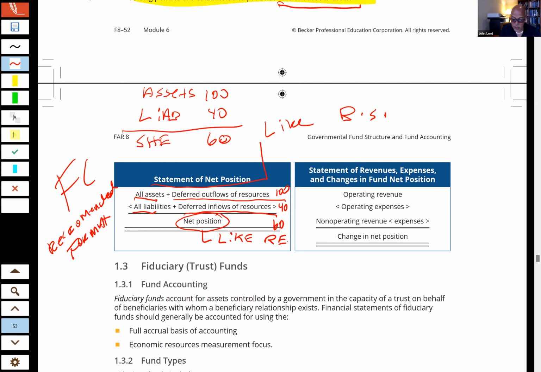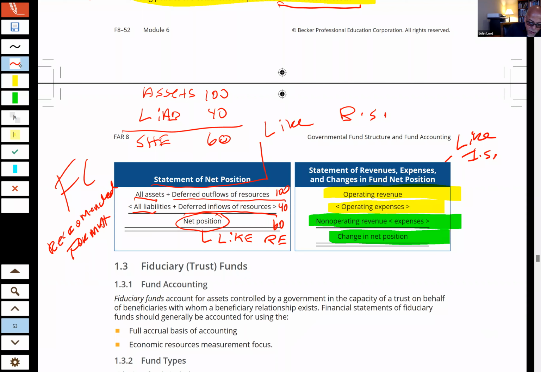Now we have what? We have the statement of revenues, expenses, and changes in fund net position, which is like the income statement. Okay. And you have what? You have operating revenue, operating expenses, you have non-operating revenue and expenses, and you have change in net position.